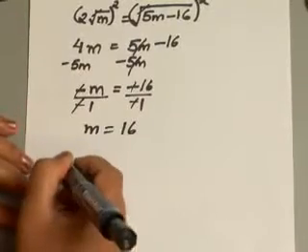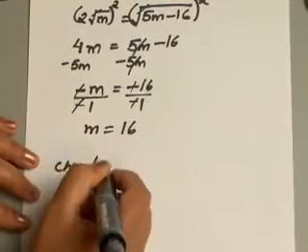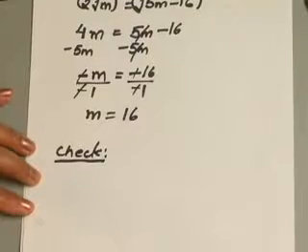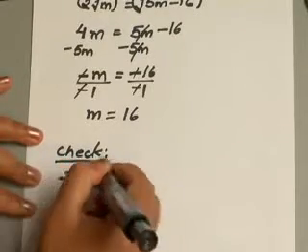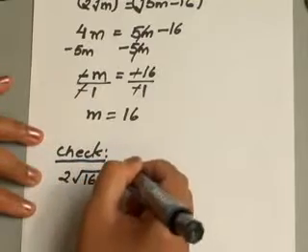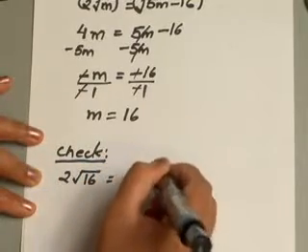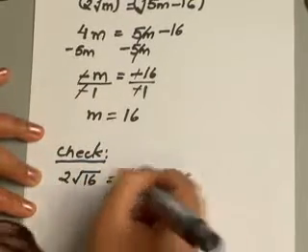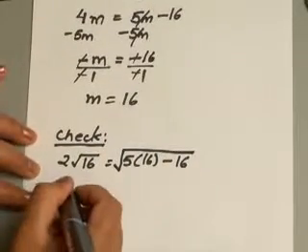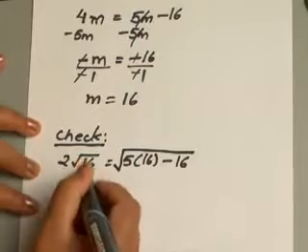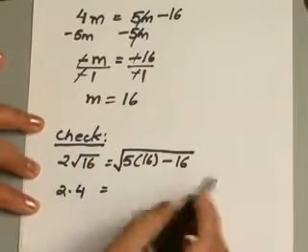Okay, again, just like we did with the others, always check your solution. So let's substitute m with 16 and see what we end up with. 2 times square root of 16 is 4.